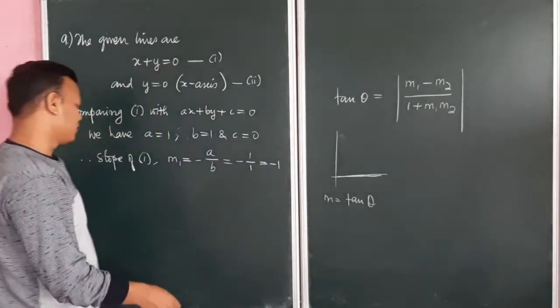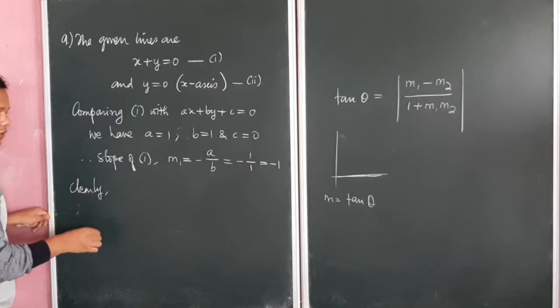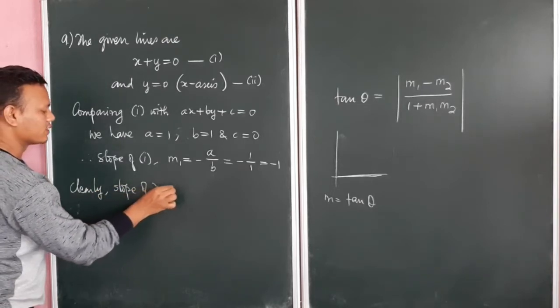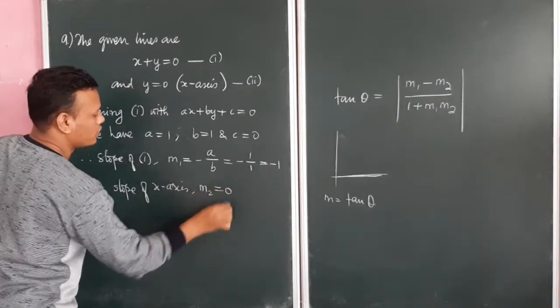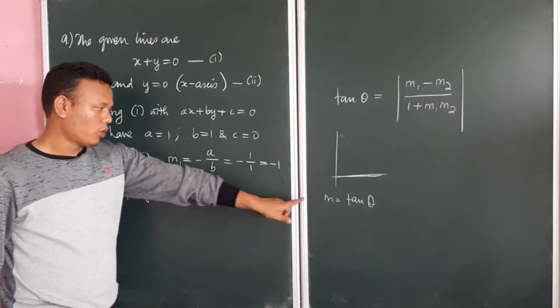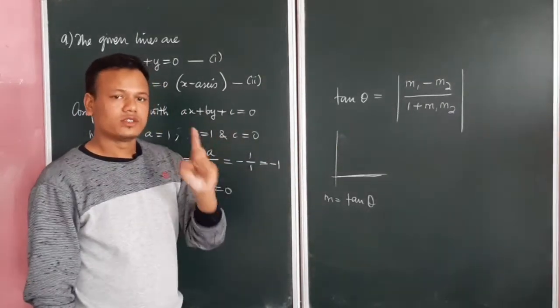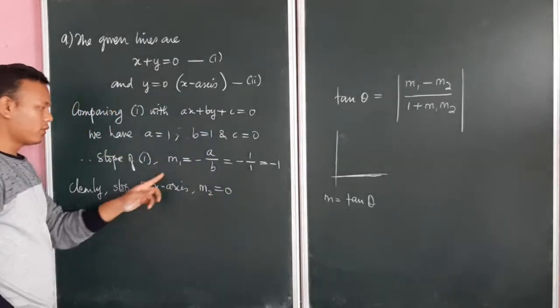So clearly, the slope of the x-axis, let me call this m2, will be equal to 0. Remember, the slope of the x-axis will always be 0 and the slope of the y-axis will always be undefined. You need to remember these two. So we have found m1 and m2.